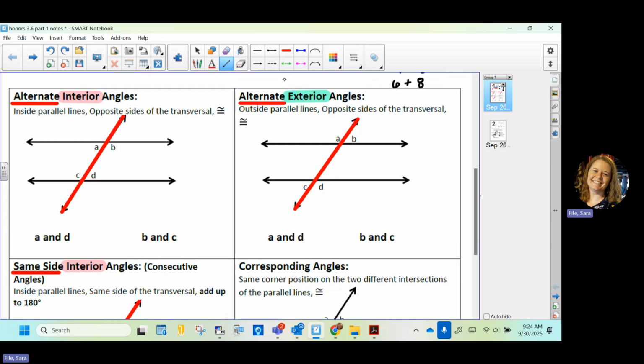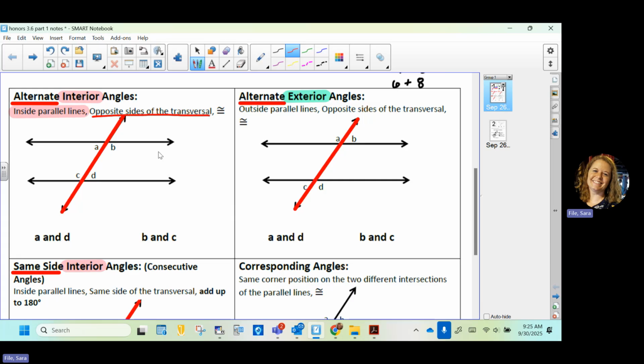Alternate interior means that it has to be inside the parallel lines, because that's what we said interior means. And then alternate means that it's going to be on the opposite side of the transversal.